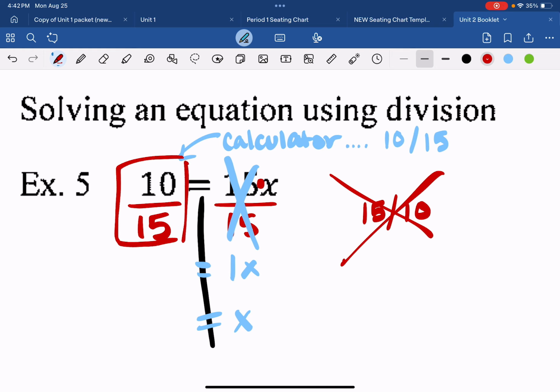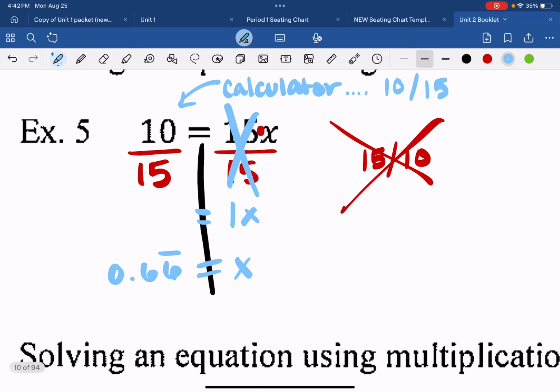This is 10 divided by 15. So order matters here. We have to do 10 first. 10 divided by 15, you type that in, you would get 0.6 repeating. If you hit math, enter, you'll get our fraction version, if you prefer that, of 2/3.